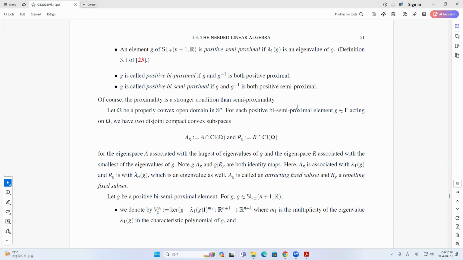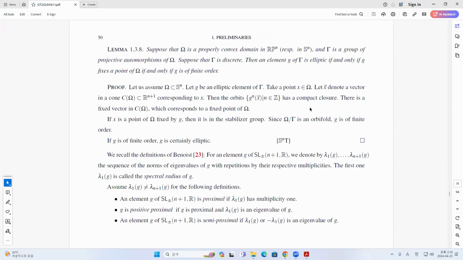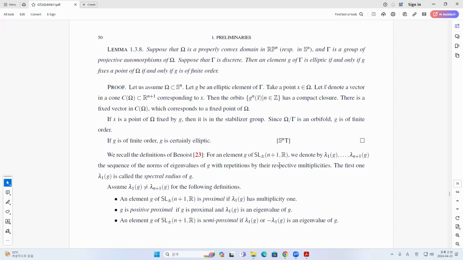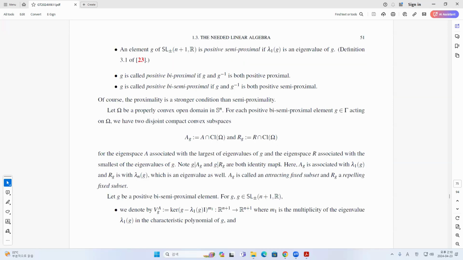So for the bi-semi-proximal element g, the attracting eigenspace is associated with lambda one and the repelling one is associated with lambda n. So these give the attracting fixed point and the repelling fixed point.